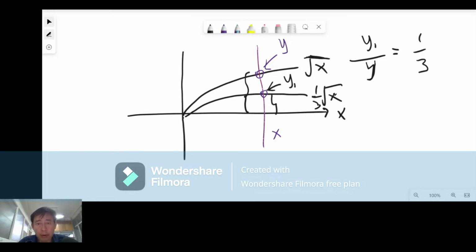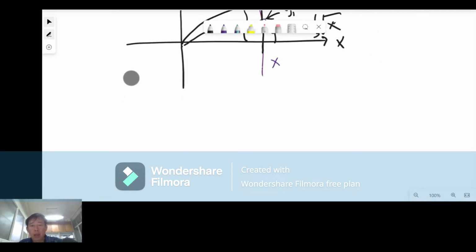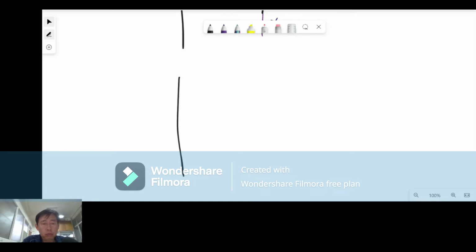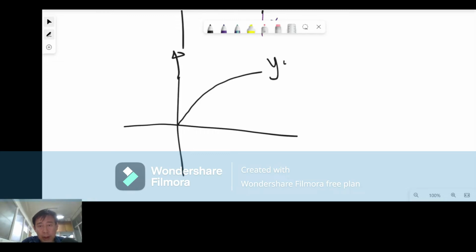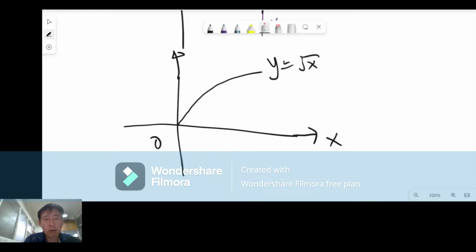So the compression is done along the constant x. Now, if you were to compress a function horizontally, say you have the function y equals the square root of x, what you mean is that you have to compress the function at constant values of y.